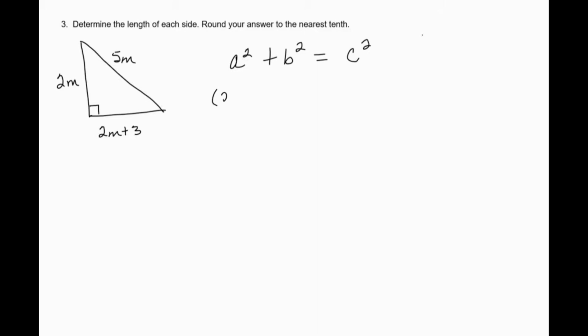So I'm going to have (2m) squared plus (2m plus 3) squared equals (5m) squared. One thing I want to point out, one thing I don't like about this problem is that they use m for the variable.